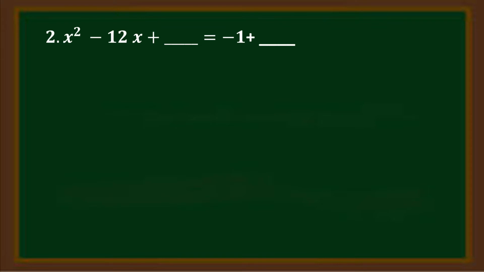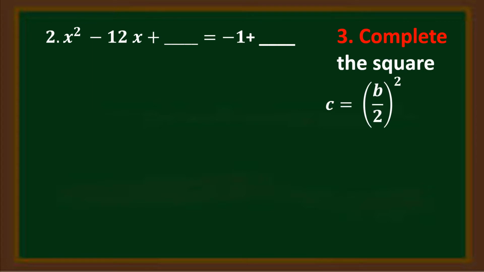Step 3, which is to complete the square. Using the formula, the square of b over 2. Our b in here is negative 12. So we'll be substituting negative 12 to b, giving us negative 12 divided by 2 squared.